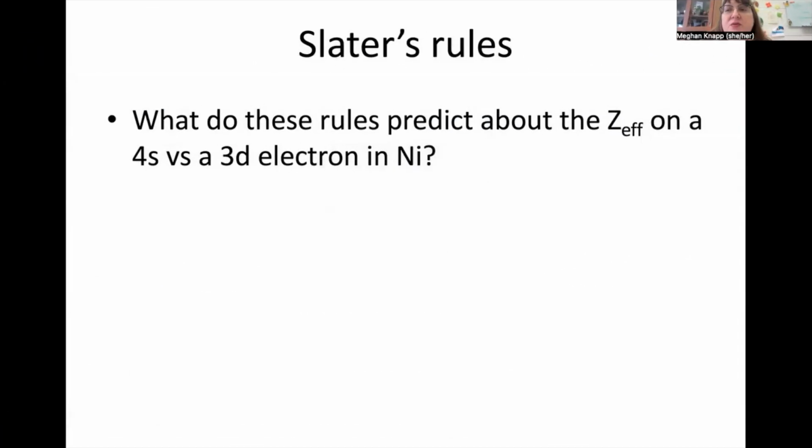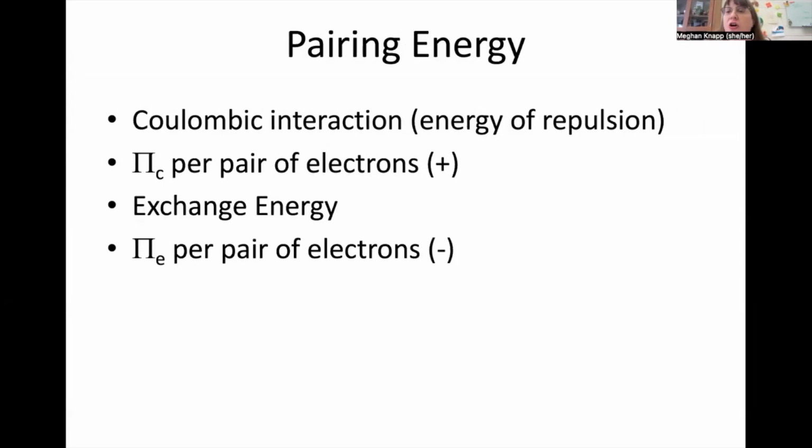Okay, so as we look at this, then what do these rules predict about Z effective on 4s versus 3d? That's where we said Z effective was much larger for the 3d than it was for the 4s. And so because of that, our 4s electrons are lost first. Okay, pairing energy.